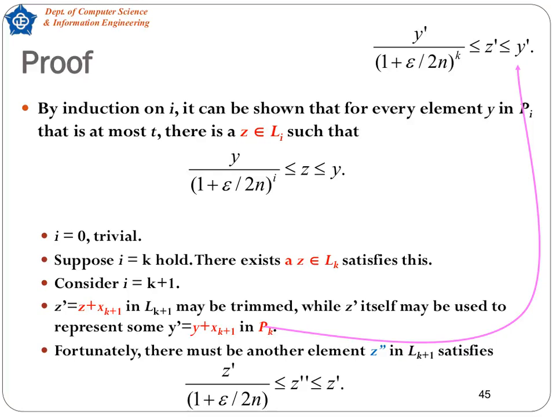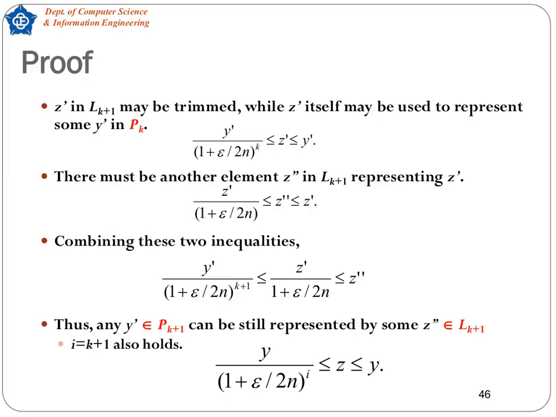Chaining these bounds gives y' divided by 1 plus epsilon over 2n is less than or equal to z' is less than or equal to y', completing the induction. Hence, at every stage i, the list L retains an element within the desired multiplicative error of any sum in P. Building on our previous step, let's prove the claim for i equals k plus 1.